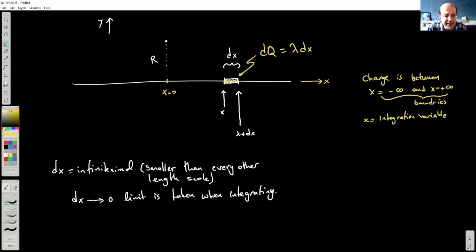We just say that this dq is infinitesimal charge. So that means when you take the limit dx goes to 0, this also goes to 0. And for all such quantities, I always add a d in front to remind us that these are extremely small. Okay, so that's kind of important.